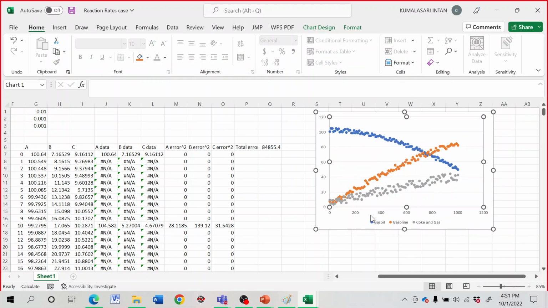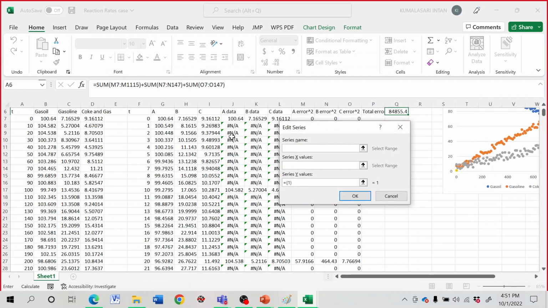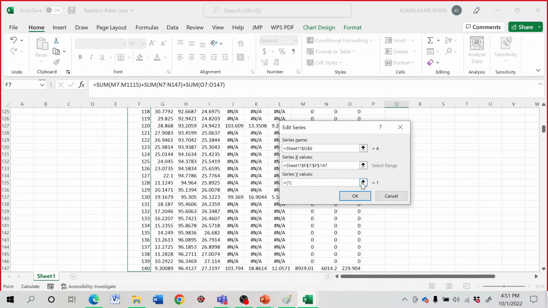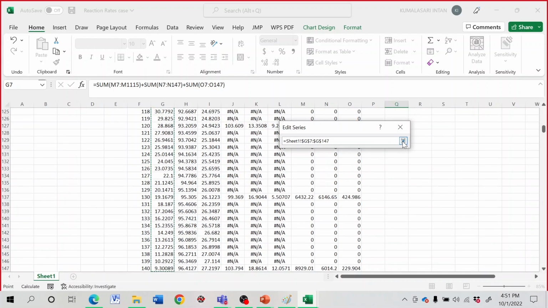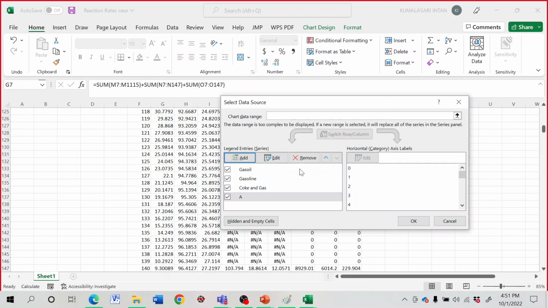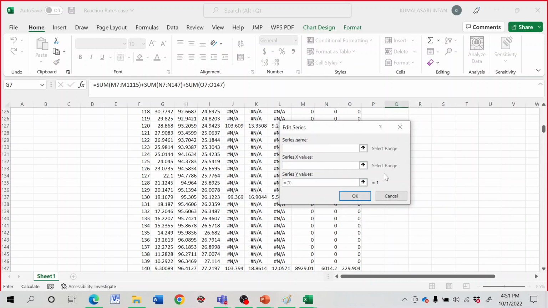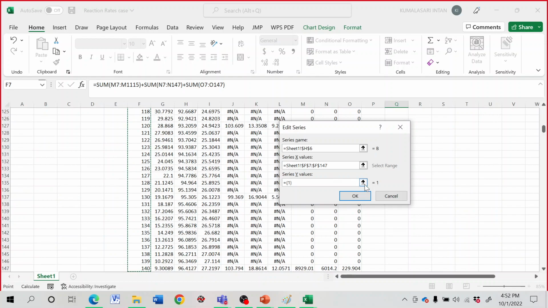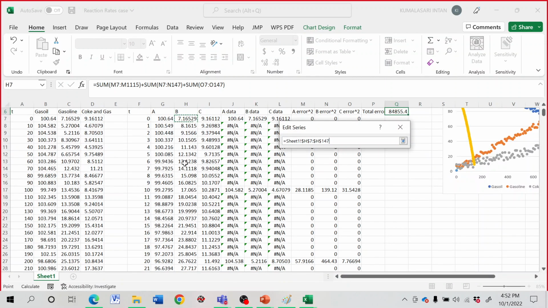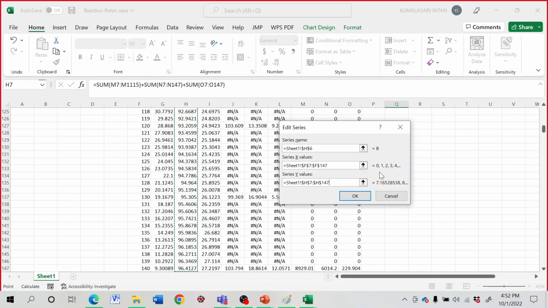And then add a series, which is always time, right? And then this is the calculated value, something like that. And then b, and then x is something like this, and this is the y for b, and this is then c.